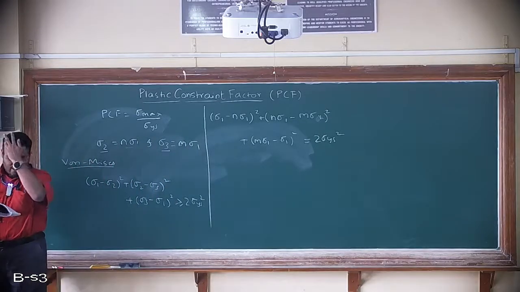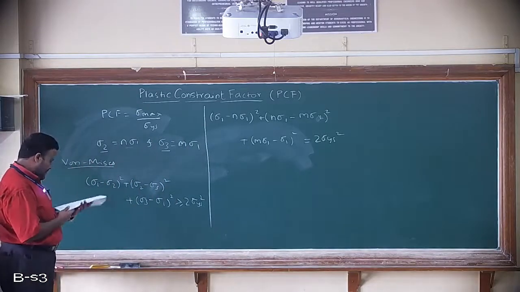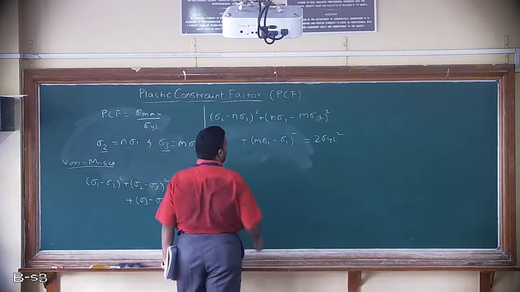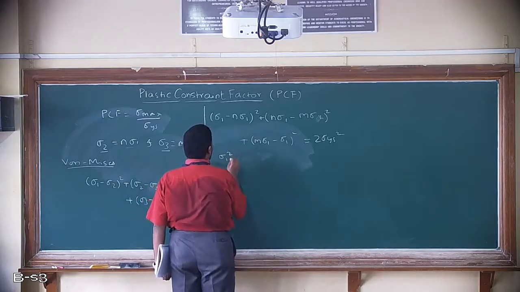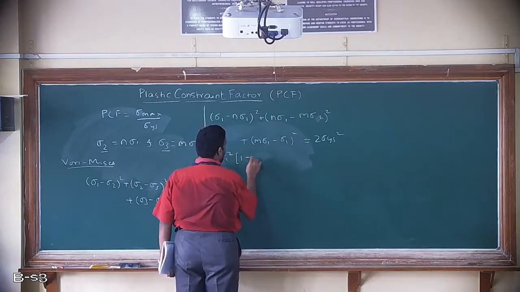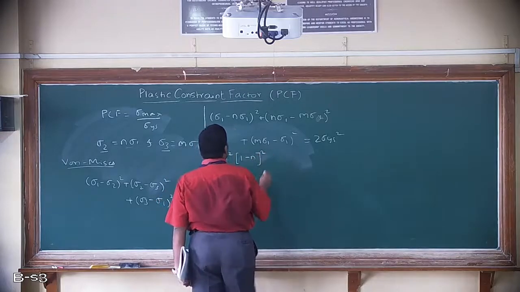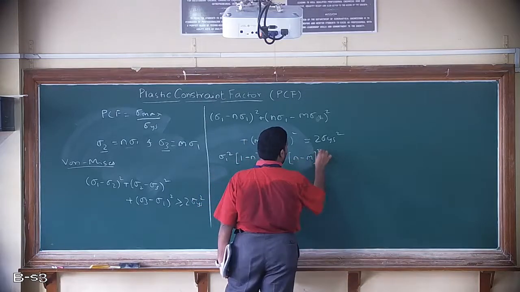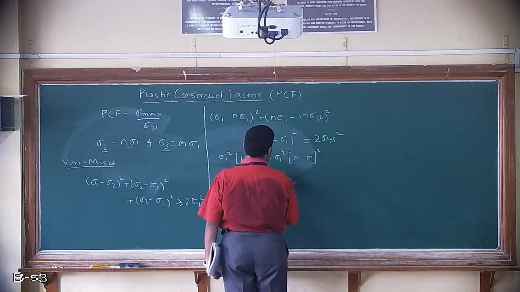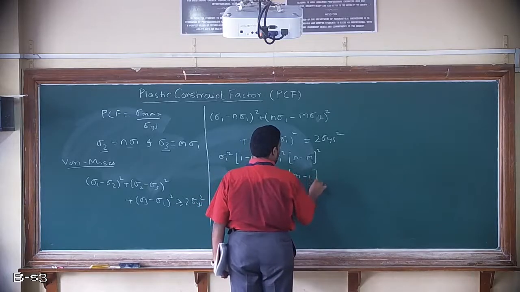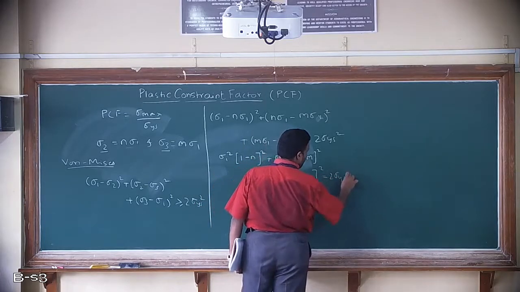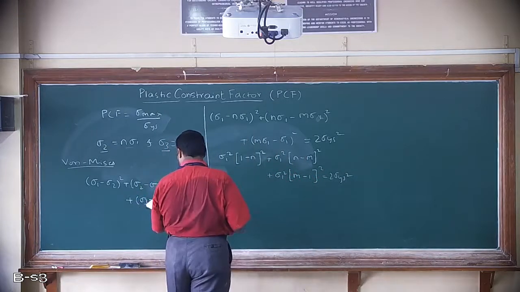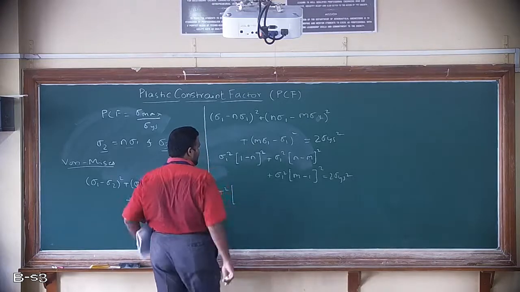So we have written this completely in terms of sigma 1. Now we take the sigma 1 square outside. In the bracket we have (1 minus n) the whole square plus (n minus m) the whole square plus (m minus 1) the whole square, equal to 2 sigma ys square. Here, taking sigma 1 square outside, we shall open each of these square brackets.